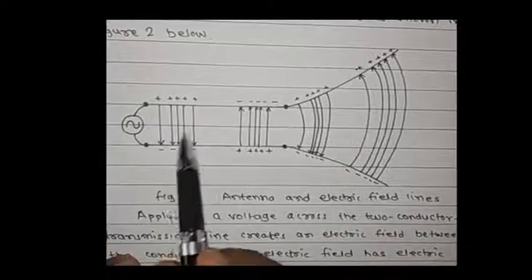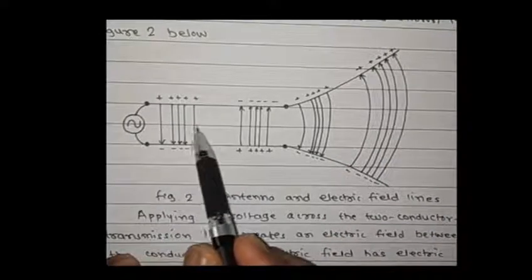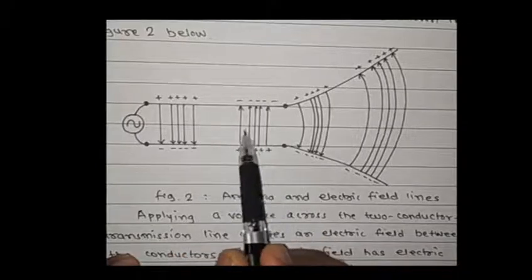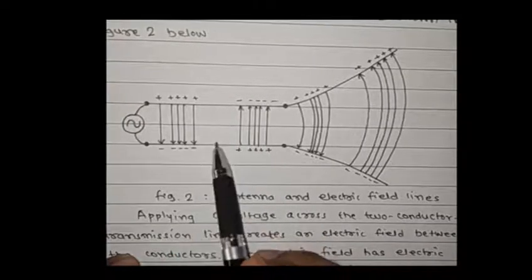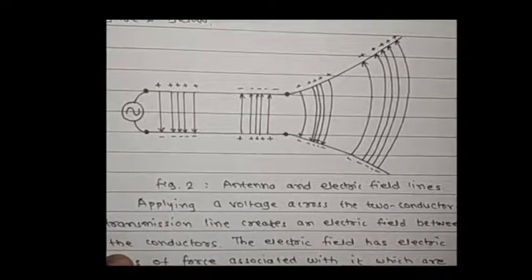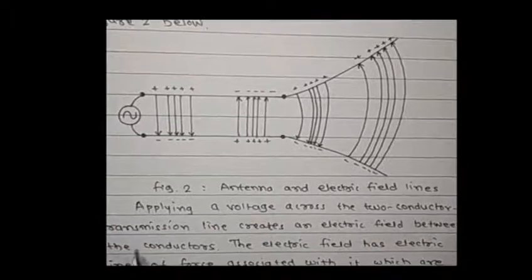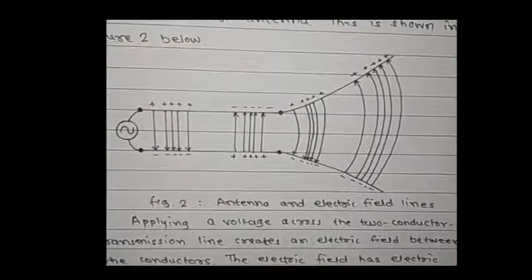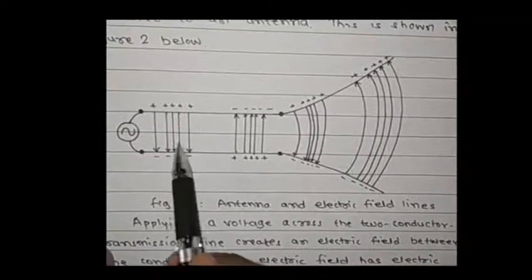All of you know that when a voltage source is applied to a metallic conducting plate, such as this transmission line shown here, there will always be an electric field, and this electric field will have electric lines of force associated with it, which we can see here.